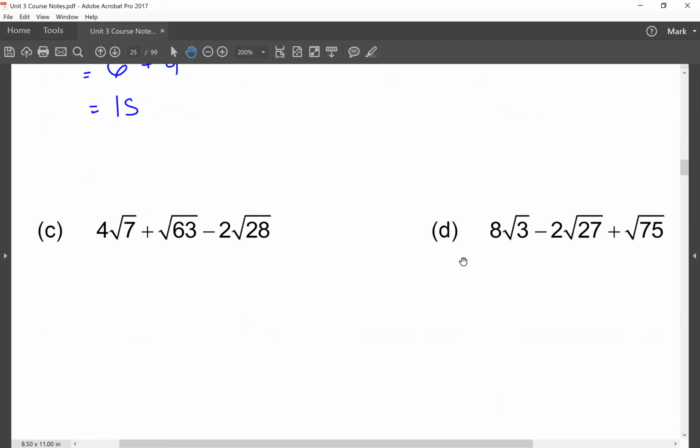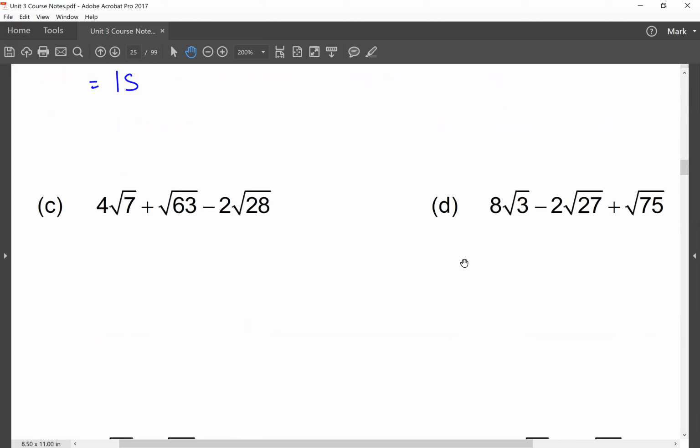So let's look at something like number C or letter C. Will this question be in details, like you want the steps in the test? It's up to you. Okay, it's up to me, but if you want the steps and I give you only the answer, I will lose?